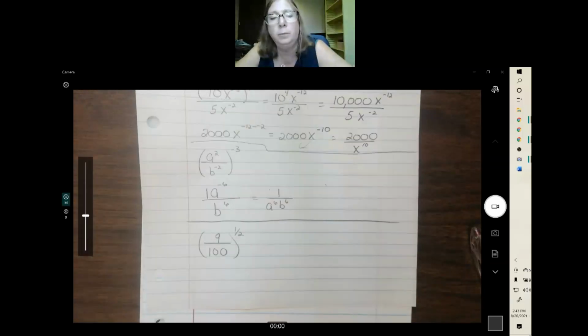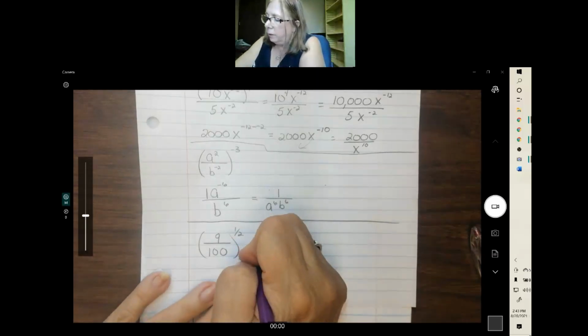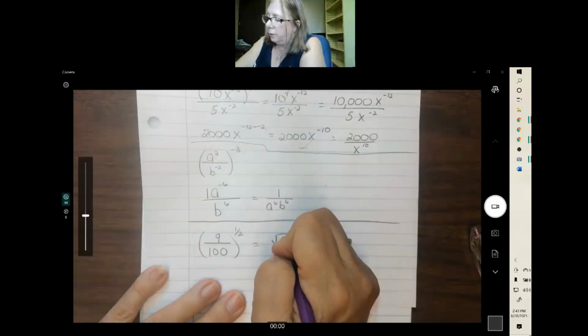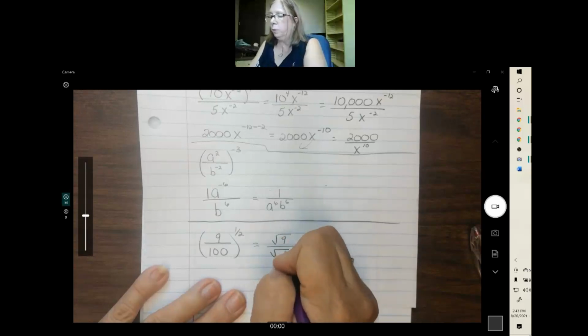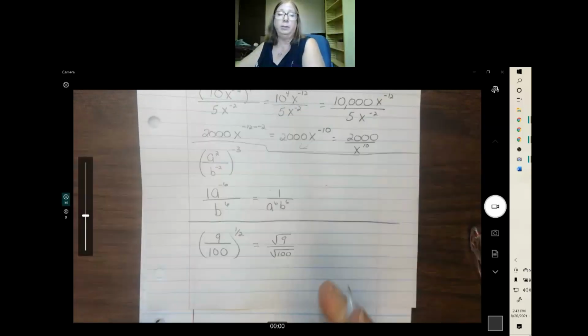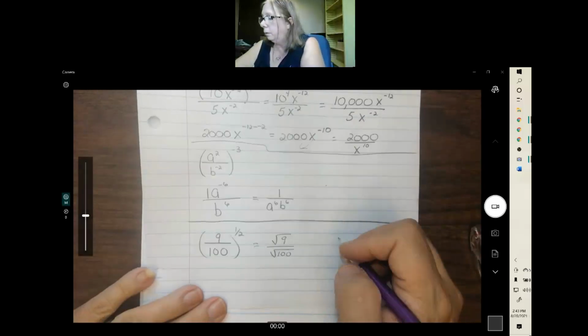Okay, 9 over 100 to the 1/2. Remember, a fractional exponent is a radical. So that's the same as the square root of 9 over the square root of 100. Also, when you have a fraction, you can take the square root of the top and bottom separately.